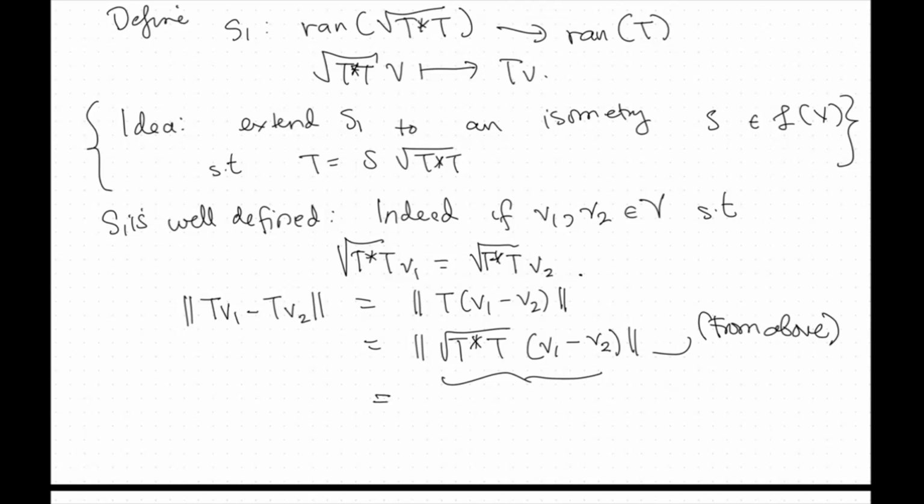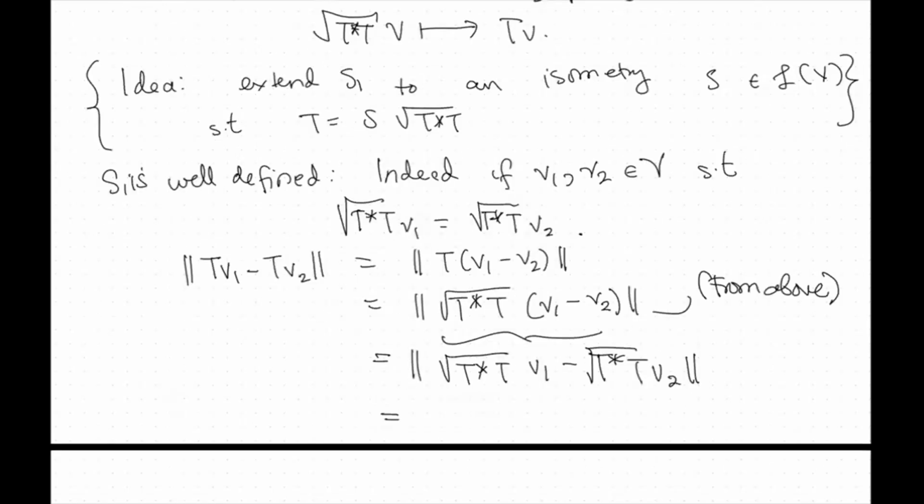Then the norm of the square root of T star T of v1 minus the square root of T star T of v2. We know from our assumption that this is true, and we get 0.